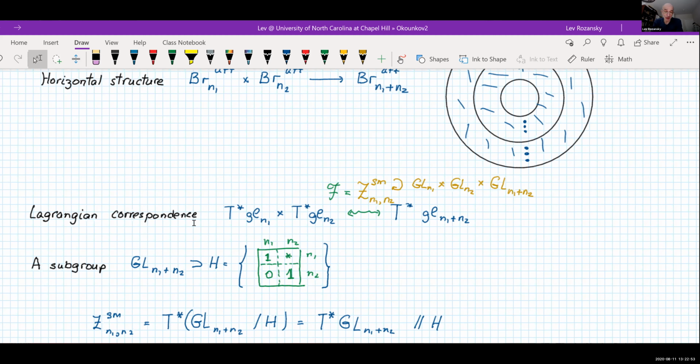So what is the choice of that Lagrangian correspondence? It will again be described by auxiliary coordinates and a superpotential. So this Lagrangian correspondence is a special object, I should say it explicitly.